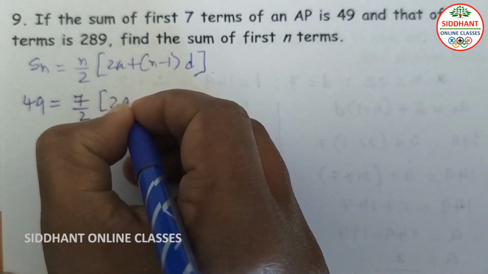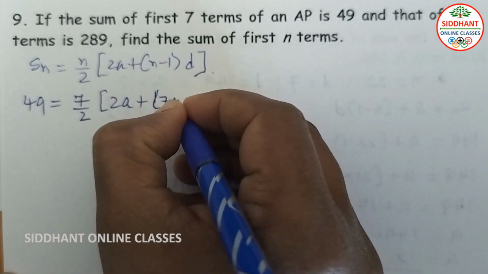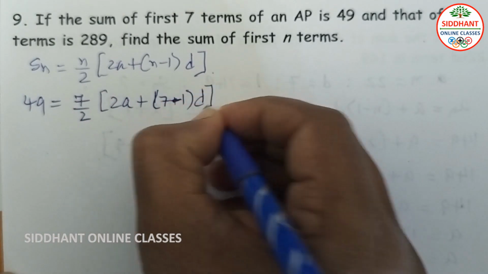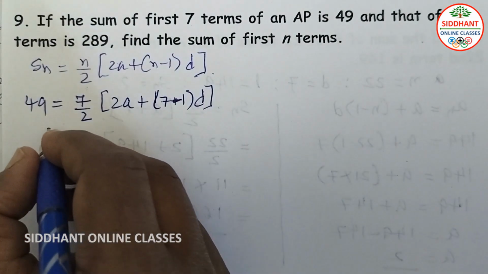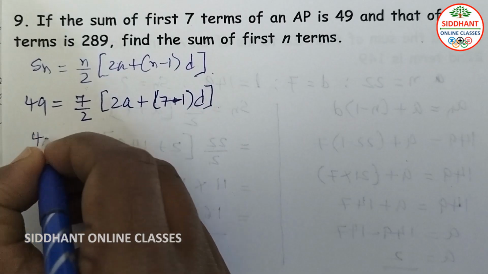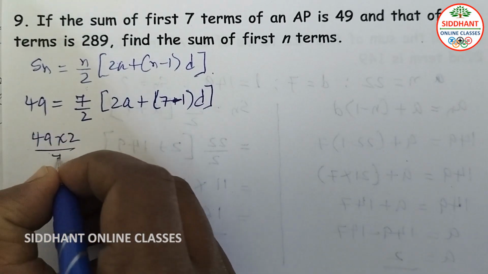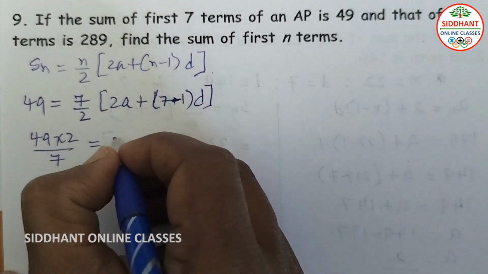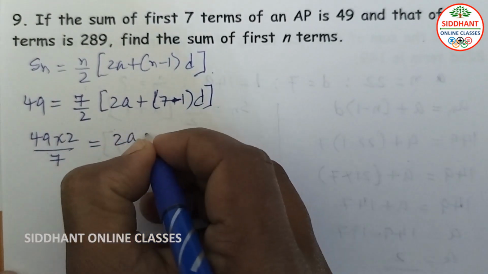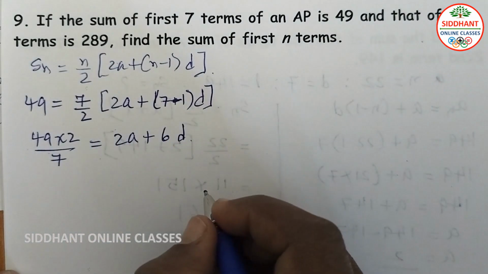Here 2a plus (7 minus 1) d. So cross multiplication, 49 into 2 by 7, that equal to 2a plus 6d.